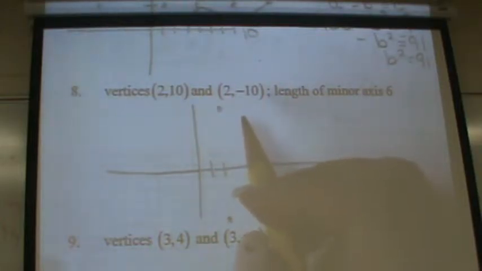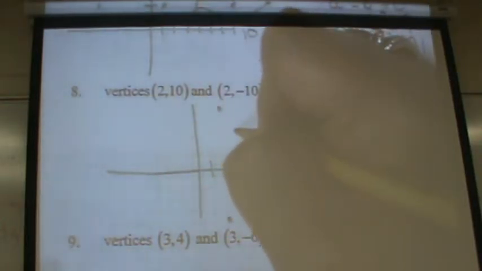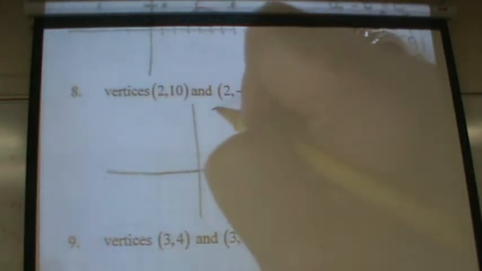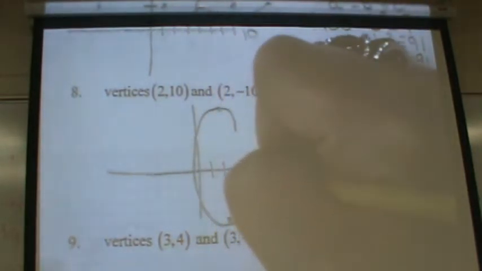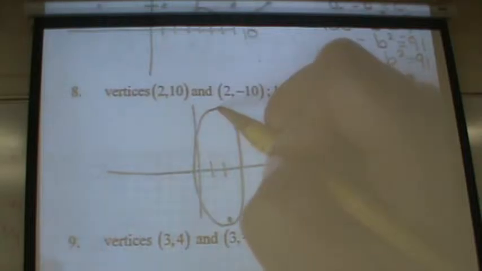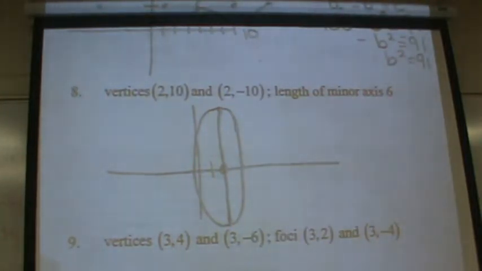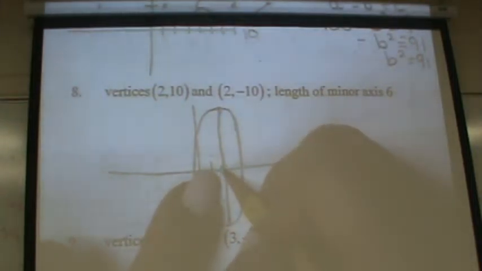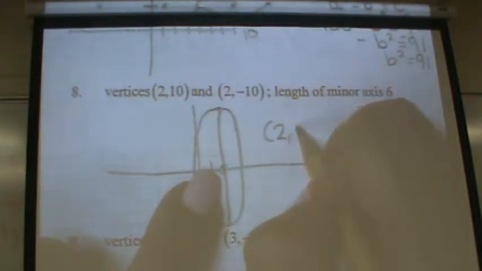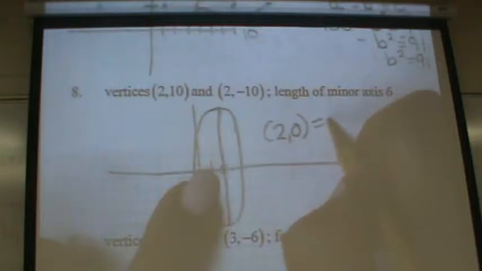You guys remember that? Vertices are your major axes. So that just told you something. What did that tell you? That's gonna be over y. Okay, where's the middle of that? 2, 0 is your center.